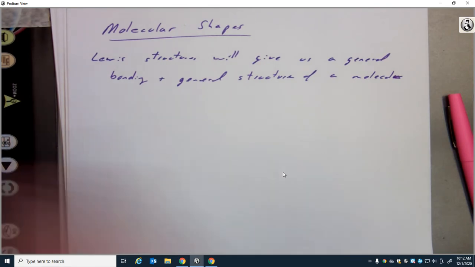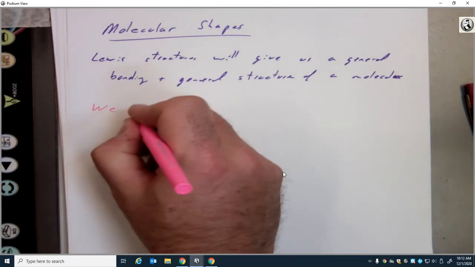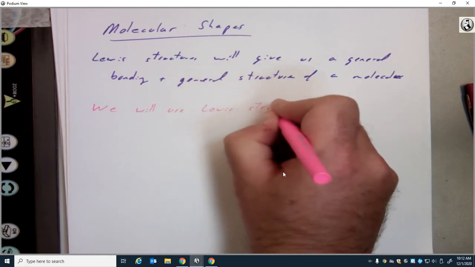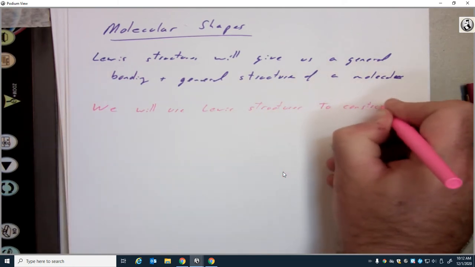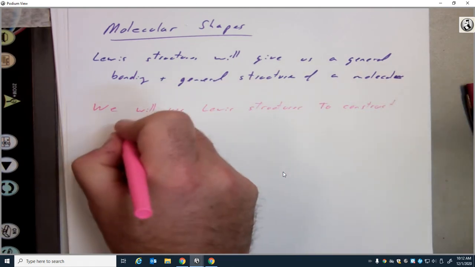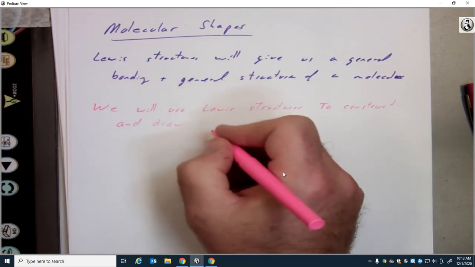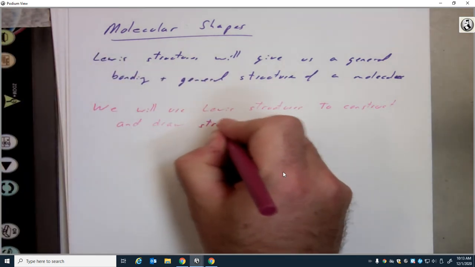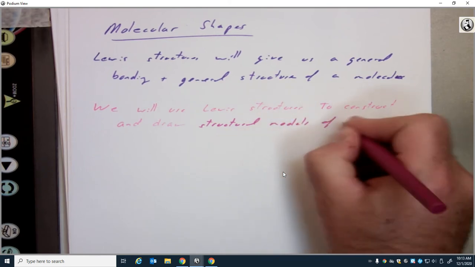We're going to use these Lewis structures to produce structural models. We will use Lewis structures to construct and draw structural models of molecules.